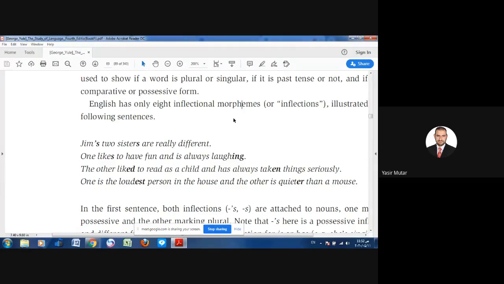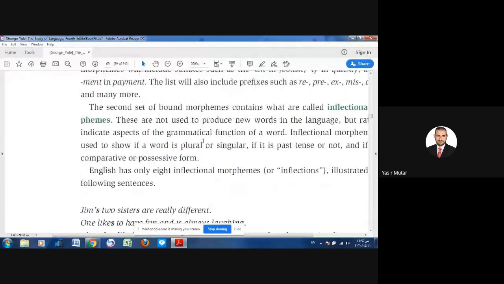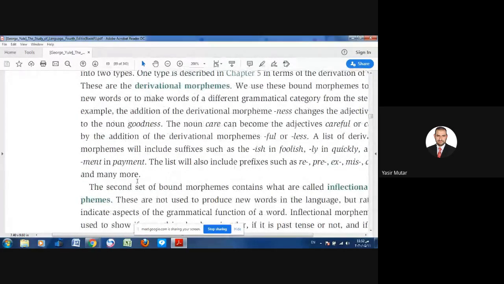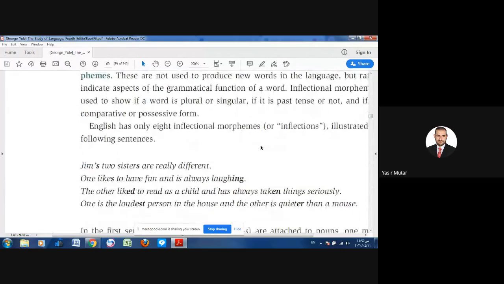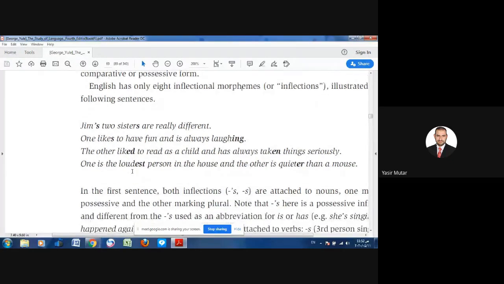They are specific in number, as opposed to derivational morphemes, which are not specific in number. We have just 8 inflectional morphemes in the English language.